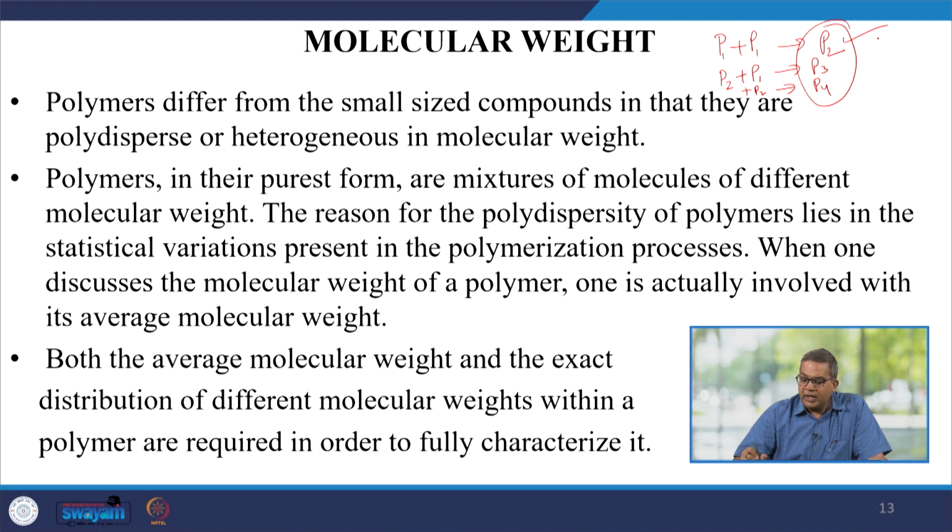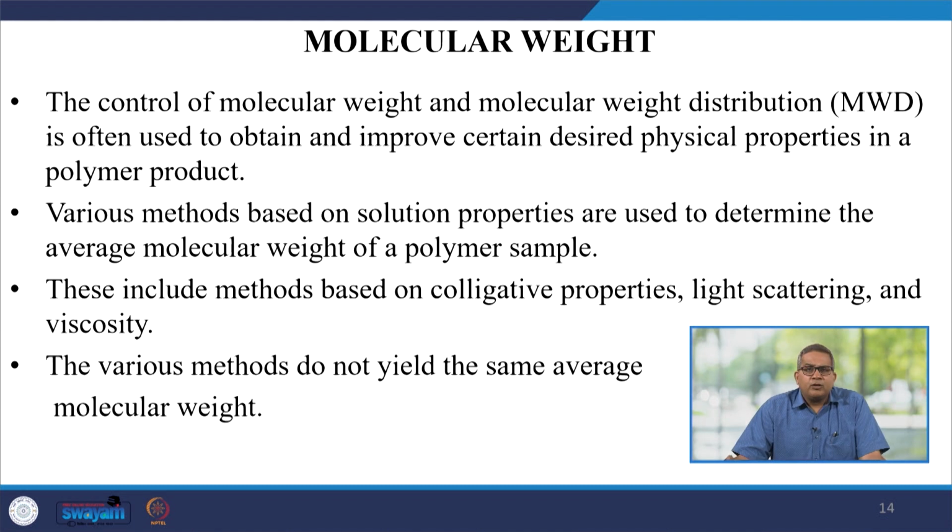So, it will have different molecular weights, and this contributes to the entire polymer mass. That is why there is a range within the polymer, because you cannot have a unique number of monomers in that particular chain.